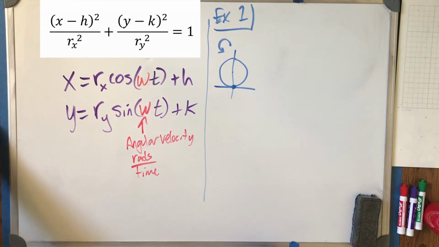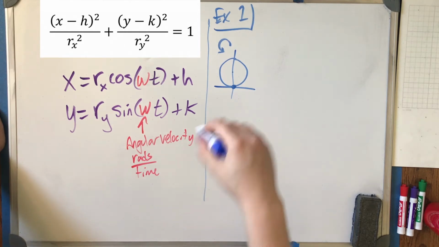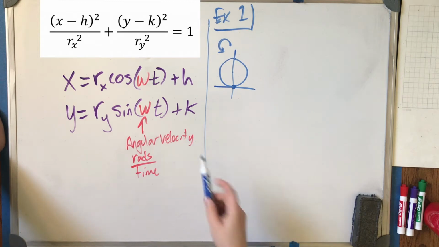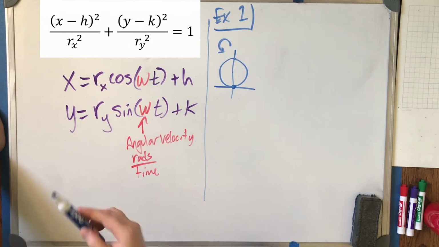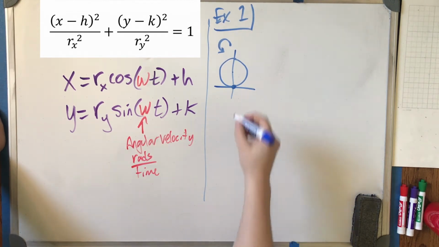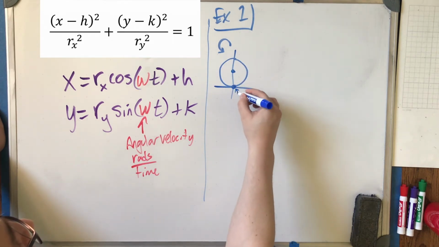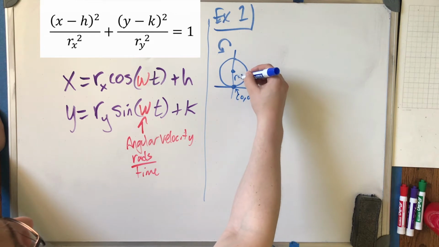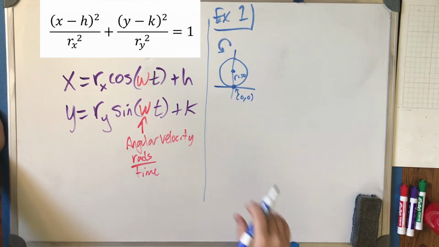Particularly in real life problems, we don't allow y to go negative, because it generally means below ground, although merry-go-rounds go with the ground, not like a Ferris wheel that might be going into the ground. That would be bad. But typically we allow this to be 0, 0, which means that the center of this thing with a radius of 30 is going to be up at 0, 30.